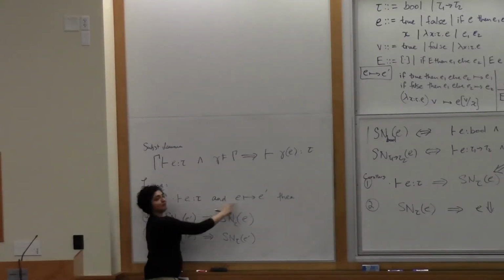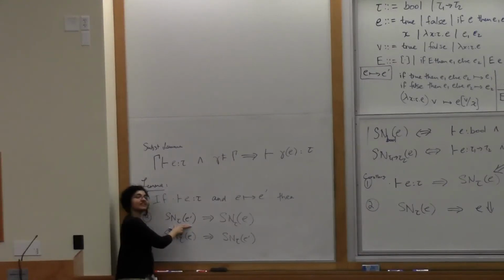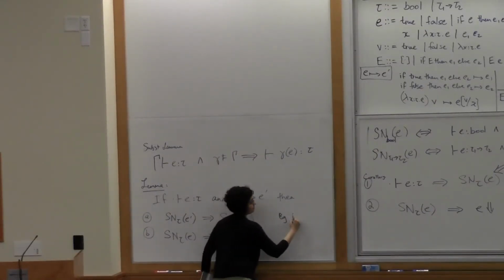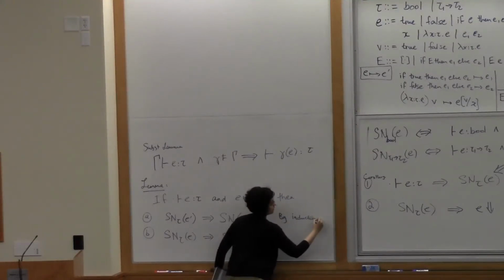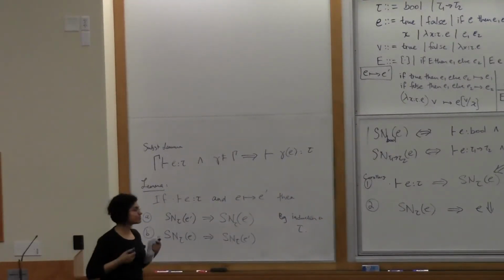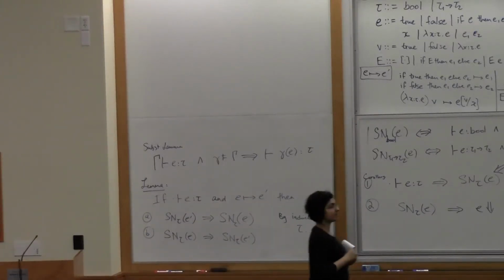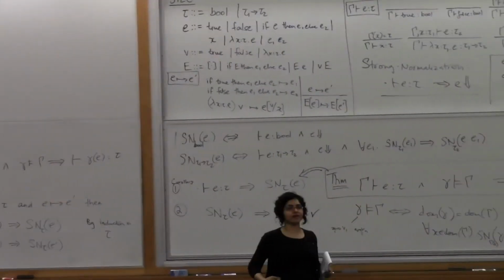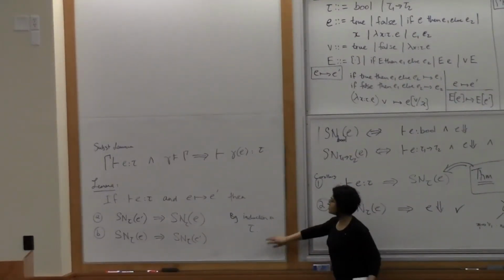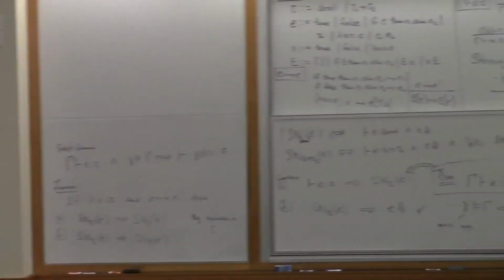So don't dwell on the top. This is the important bit here. Type, exactly. So this is going to be a proof by induction on the structure of the type tau. Please prove this tonight. It's a simple proof, but it just gets you into the mechanics of how these things work. All right? Okay.